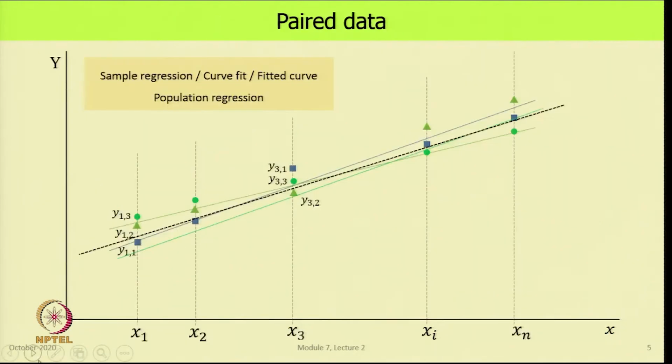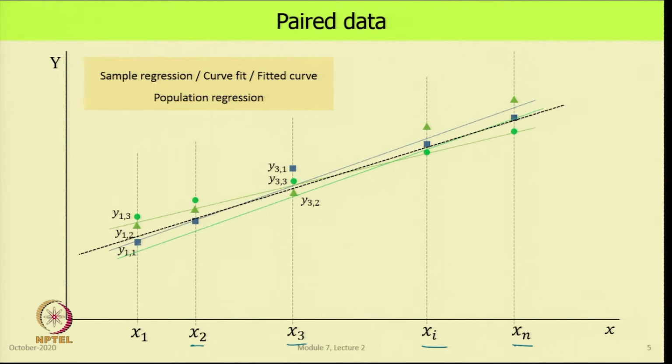And in this next plot we will start putting them together, and we say that at x1 we got y1 from the first experiment, y1 from the second experiment, y1 from the third experiment. And this we will do for all different values of the independent parameter, which here are indicated as x2, x3, xi, xn.